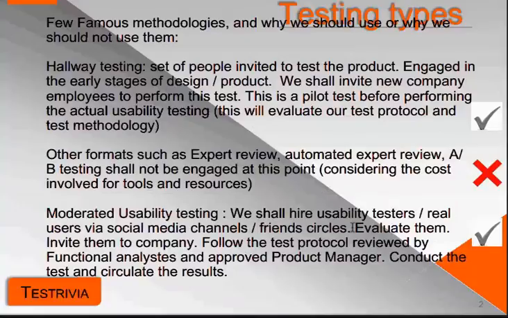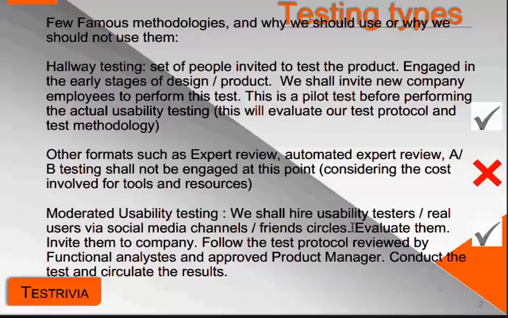There are different testing types available. Some of the famous methodologies which I wanted to bring to your notice are Hall Way testing and moderated usability testing, which you can pursue in your organization.